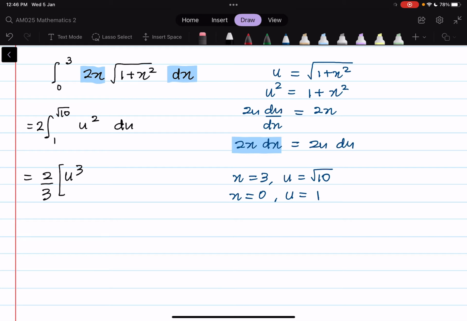And I'm going to substitute into my u the limits now. And I'm going to get square root of 10 to the power of 3 minus 1.